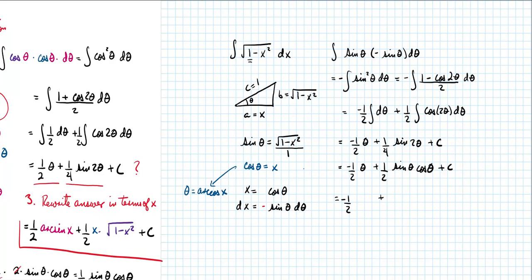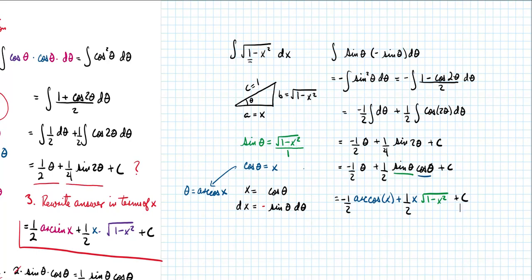Okay, so we're going to have here a negative 1/2 times the arc cosine of x plus a 1/2. Now sine theta was also defined differently. Sine theta was the square root of 1 minus x squared. Now the cosine of theta, as we said before, was defined as x. So we're going to have here a plus c.